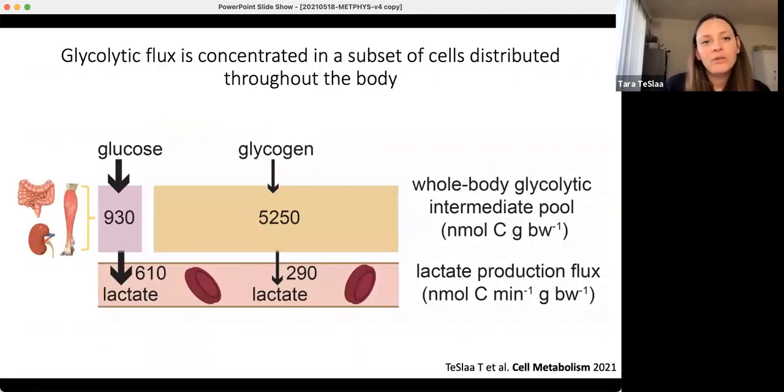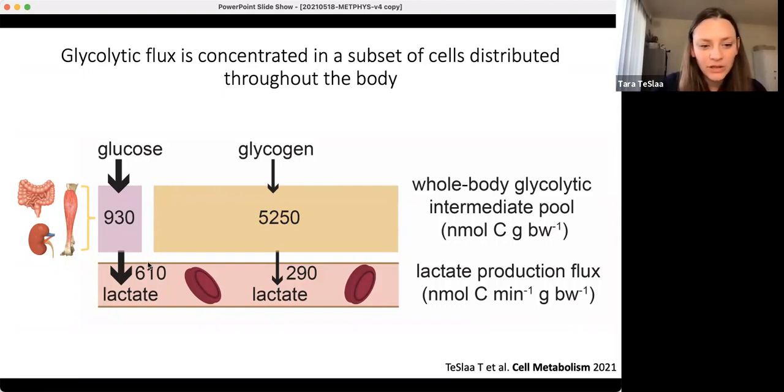So overall, we think glycolytic flux is concentrated in certain tissues and cell types in the body. Here on the top, I'm showing the whole body glycolytic intermediate pool. Most of it comes from glycogen, while only a small portion comes from glucose.